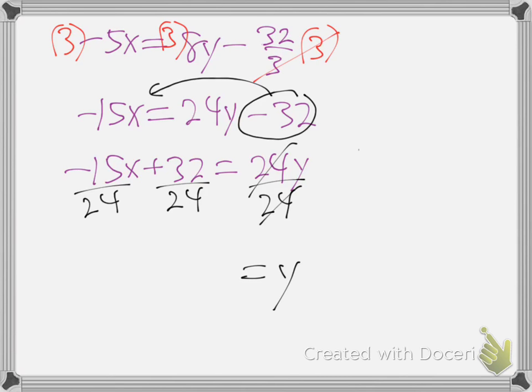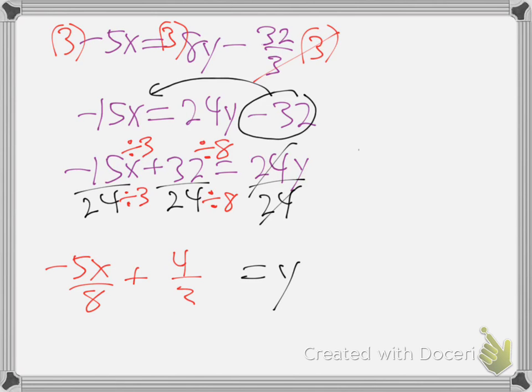Both of those will reduce a little bit. I can divide by 3. Minus 5x over 8 plus. And what goes into 32 and 24? Oh, yeah, 8. I was thinking 4, but 8's even better. That'll be 4 thirds. There it is. We got y alone.